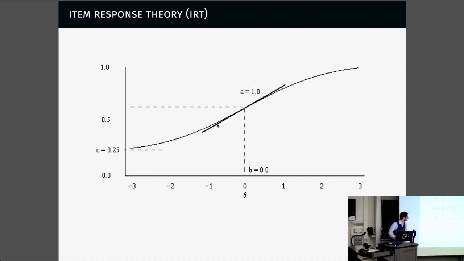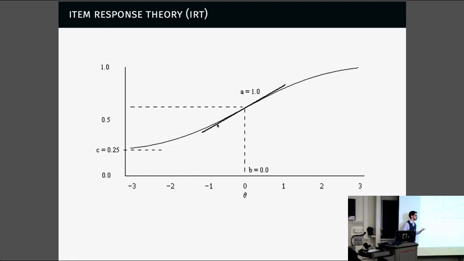So what the B parameter does is it says where the center of your logistic curve is. So if B equals 0, it's saying that for students who have a theta of 0, they have a 0.5 probability of getting the question correct. Right?